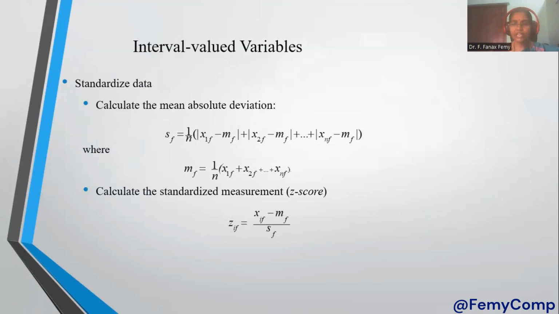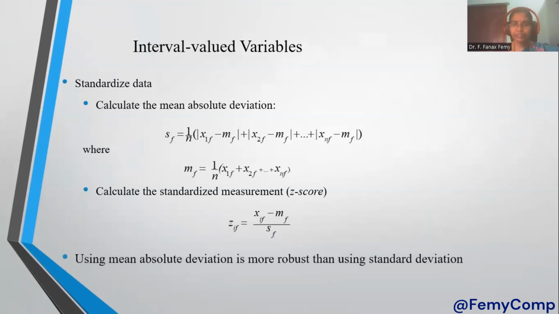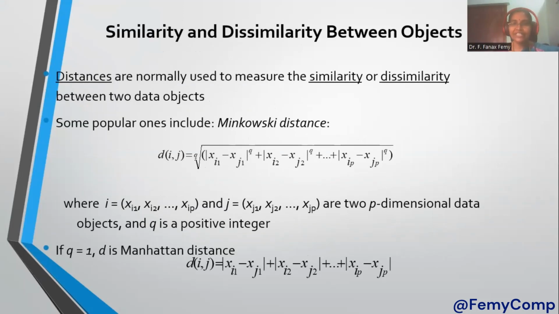Then only can we easily find the distance between the two objects. Using the mean value, the absolute deviation is more robust than using standard deviation. Distances are normally used to measure the similarity or dissimilarity between two data objects. Already we know what inter-cluster and intra-cluster distances are.